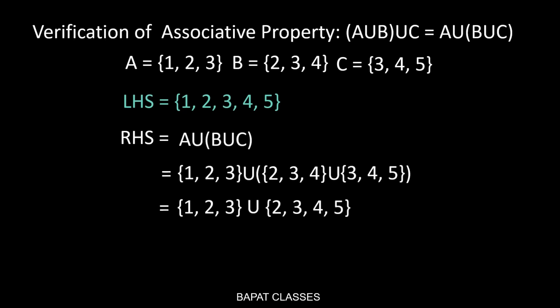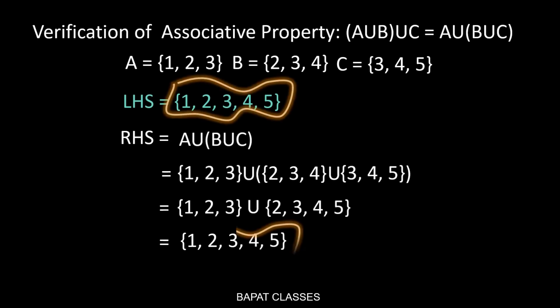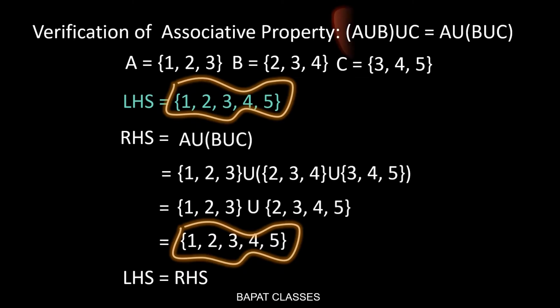And therefore RHS is equal to {1, 2, 3, 4, 5}. Now compare LHS and RHS. LHS is equal to RHS. Hence we have verified associative property of union of three sets.